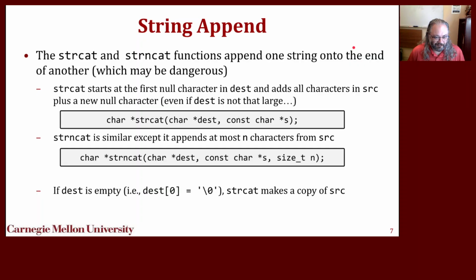So this is a little bit safer, potentially, if you use it correctly. It's not guaranteed to be safe. I can have a destination array of length 100. I can give it a value of n significantly larger than that, and it will happily do what I asked it to do. But there is just a little bit more control, so you can try to use it safely.